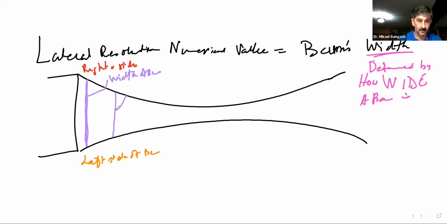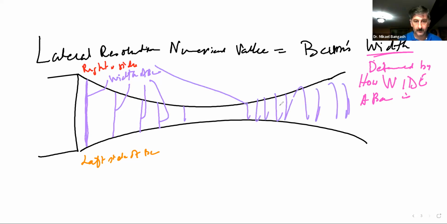Likewise this distance here, and this distance here, and this distance here are also the width of the beam, and we can go on. All these distances from side to side are determined by how wide the beam is.